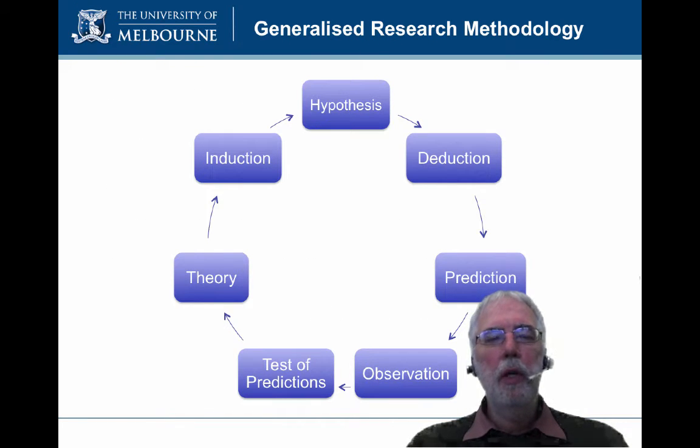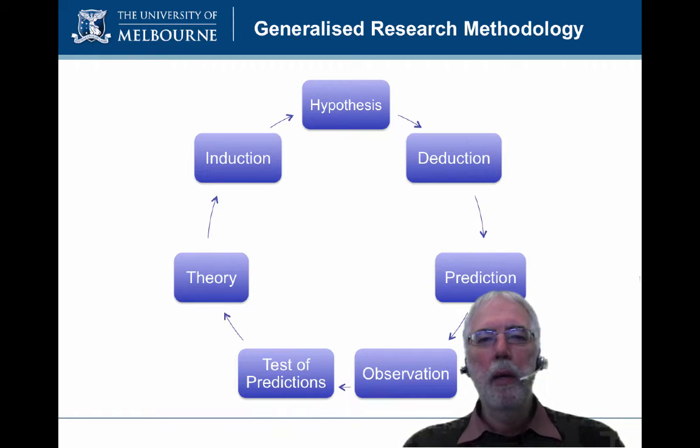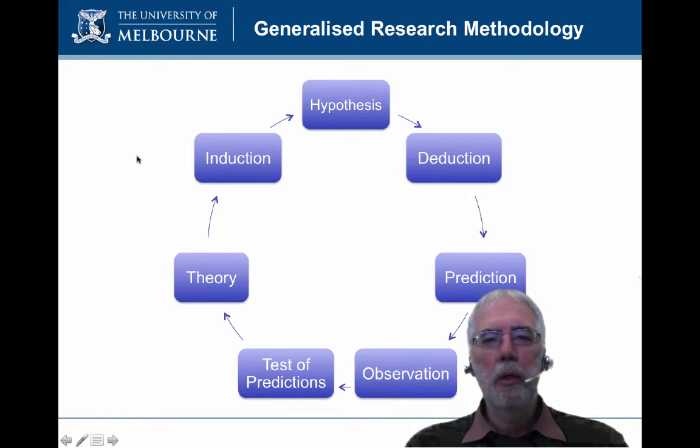There is an overall generalized research methodology as indicated by this cycle. You might start your research project at various places, but you're probably starting over in this sort of area where you have some idea of a theory and some context for your project.